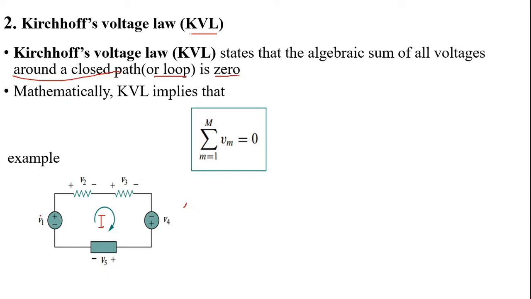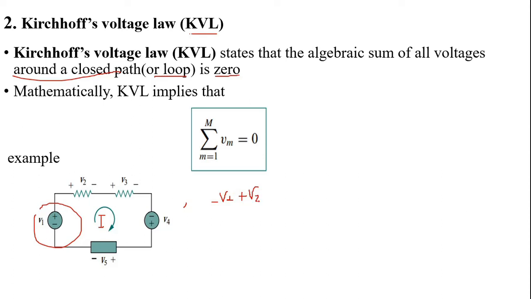For this one, since the current is entering the negative terminal, it is signed as minus V1, plus V2, because for this resistive element the current is entering the positive terminal, so it is signed as positive.